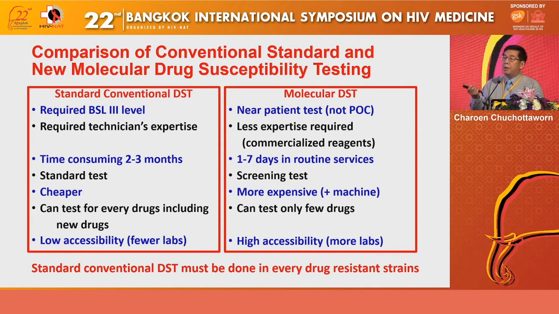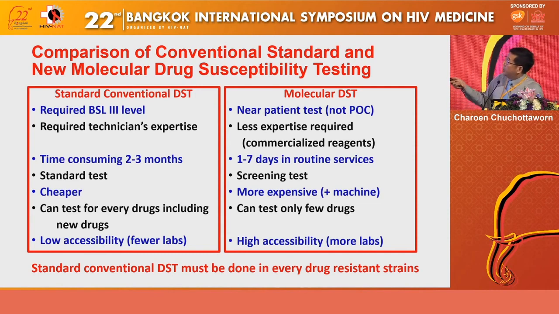If you can get the pure powder of every new drug, you can do the susceptibility testing. And because of the BSL-3 lab, there are only a few labs in the country. Like in Thailand, we have 3 or 4 labs that can do the standard susceptibility testing, not in the peripheral or small hospitals like district hospitals.